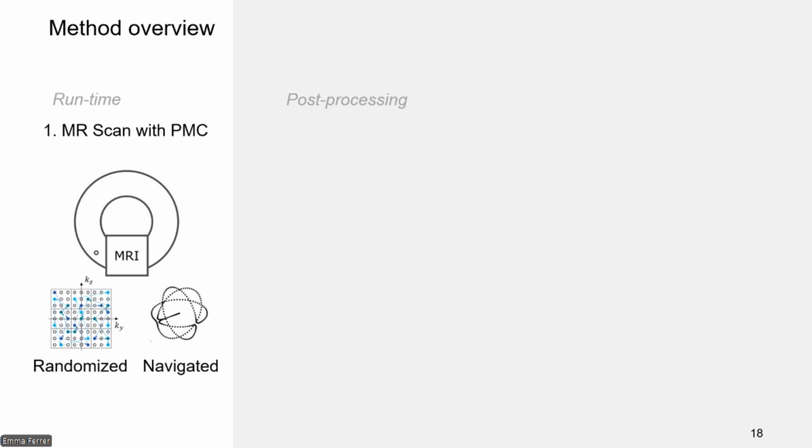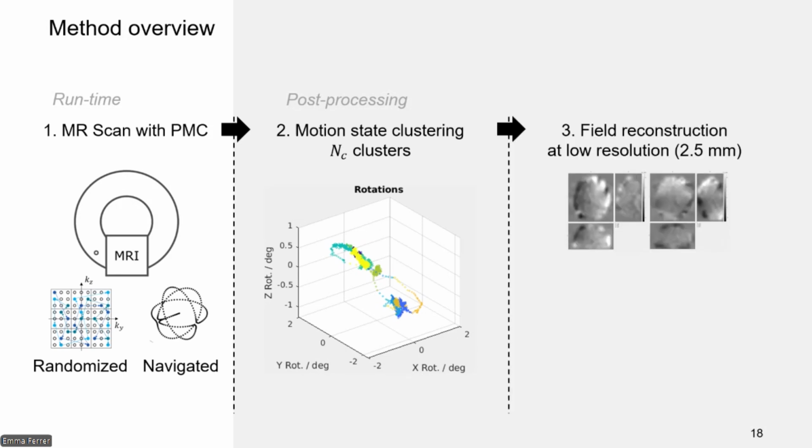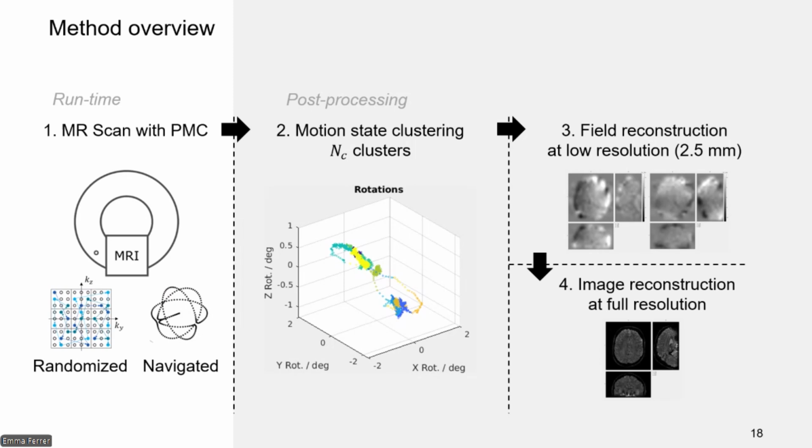We have the navigators inside, and we randomize the phase encoding for conditioning purposes. And on the post-processing side, we then cluster the shots after the scan into motion clusters and apply a model to solve for the field terms at low resolution and plug them into a high resolution image reconstruction.